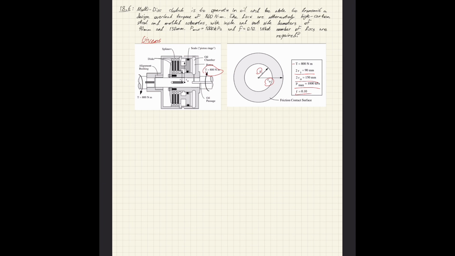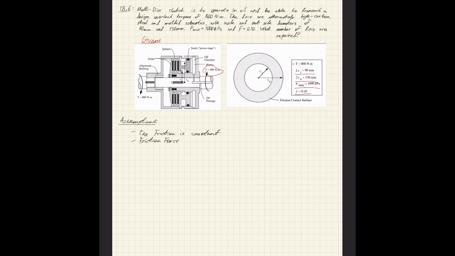So here's our givens. We obviously have torque, 800 Newton meters. We have our radius, initial and final, and our Pmax and friction. So we need some assumptions first. Let's assume that the friction is constant.